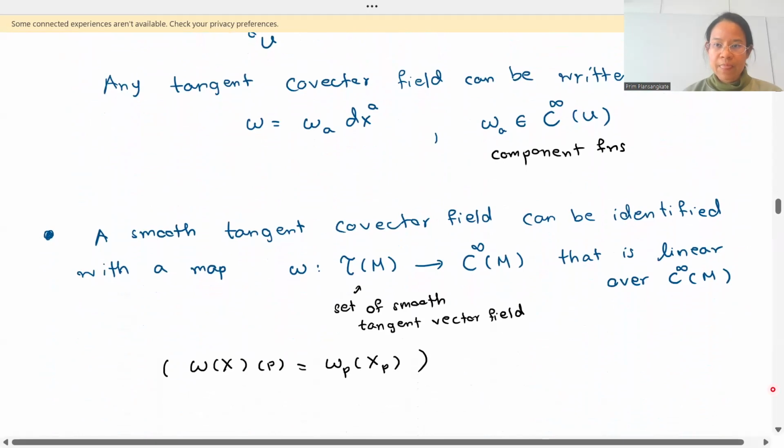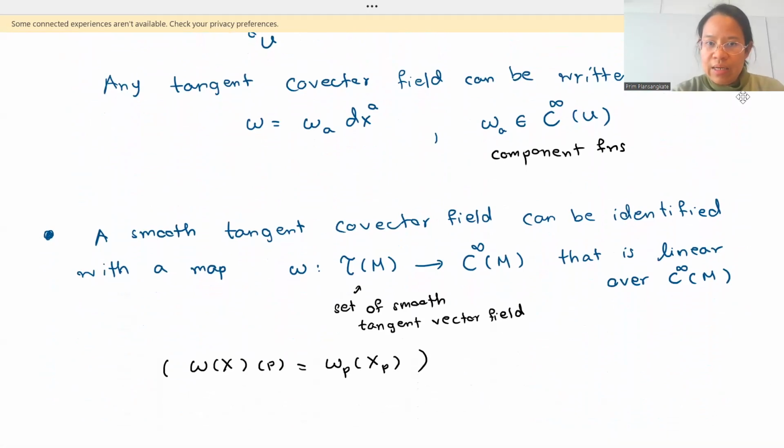A useful identification is that a smooth covector field can be identified with a map that maps a vector field to a function.